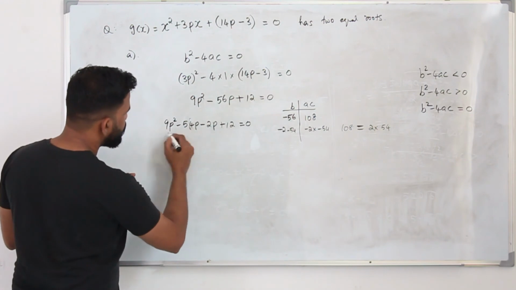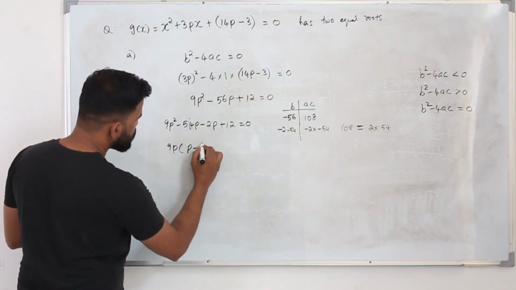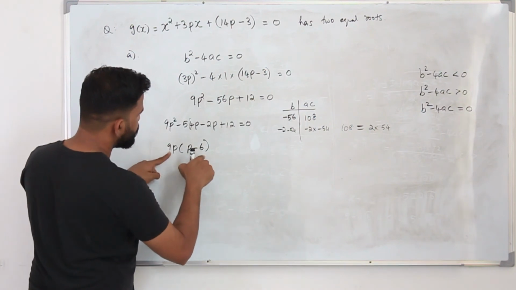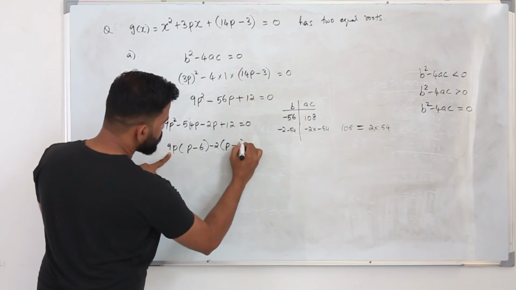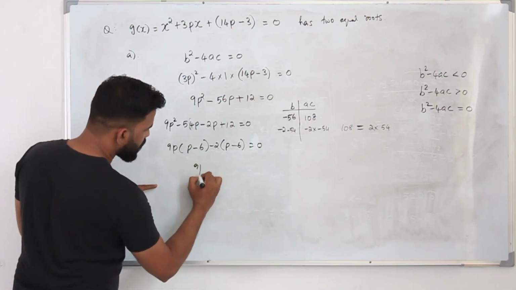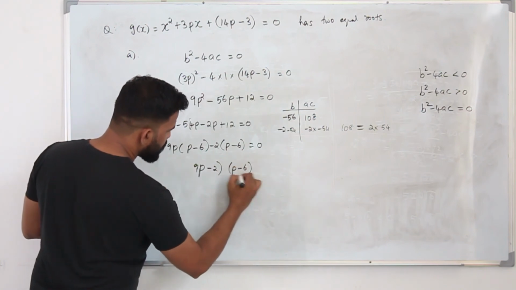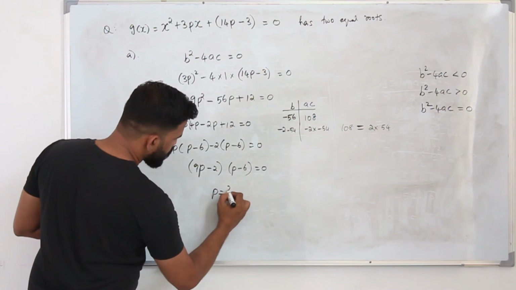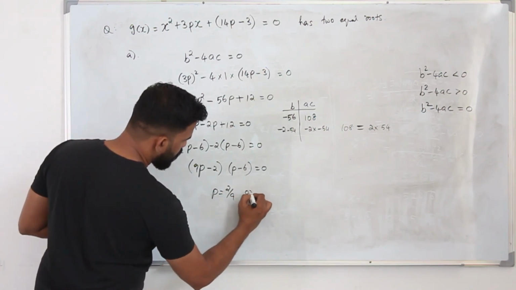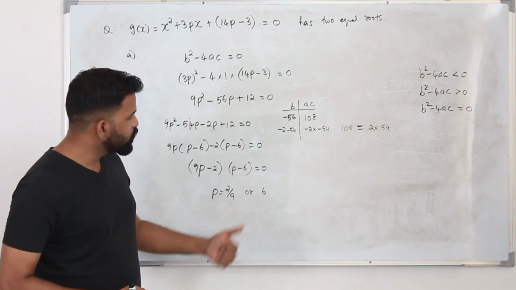And then factorize them. 9p into p minus 6, 9 6s are 54, minus 2 into p minus 6. So your two factors are 9p minus 2, p minus 6 equals 0. So your p will be 2 upon 9 or 6. You will have two values for p.